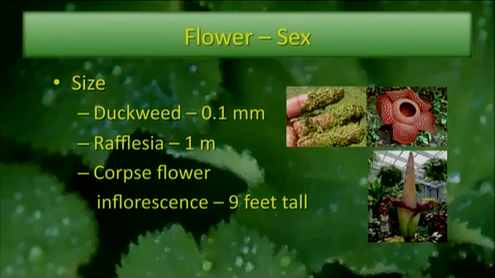This whole thing can be 9 feet tall. This part here is called the spadix, the place where the flowers are, and this is called the spathe. It's similar in formation to the flowers of kalo or taro, also similar to the flowers of anthuriums because they're actually both in the same family as this Titan arum is.